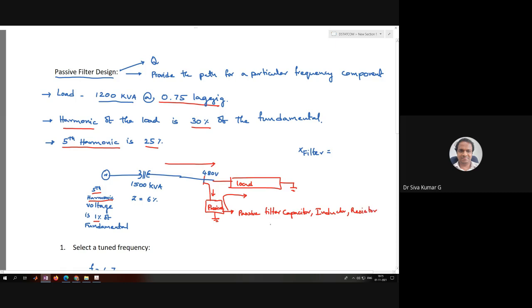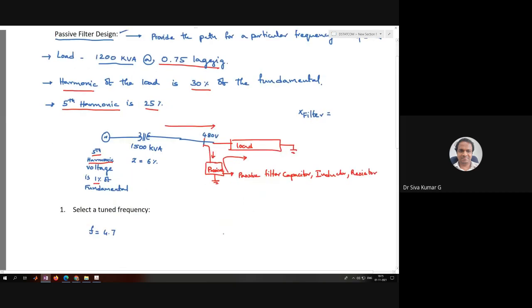While designing a filter, we consider this kind of change in the values of the capacitance, the tolerance of the capacitor, the inductance value, or the resistor value. Instead of the fifth harmonic, we are going to select 4.7, a lower harmonic number.